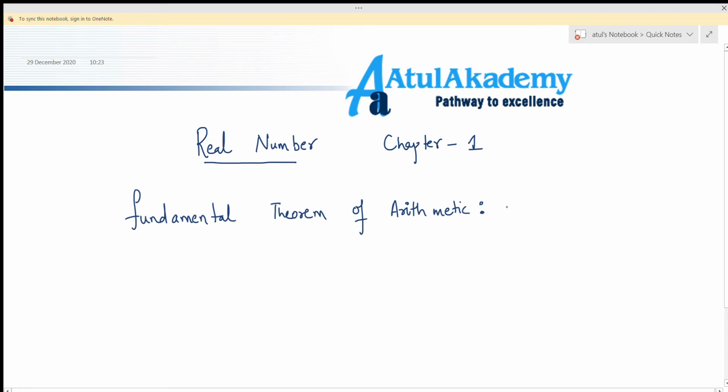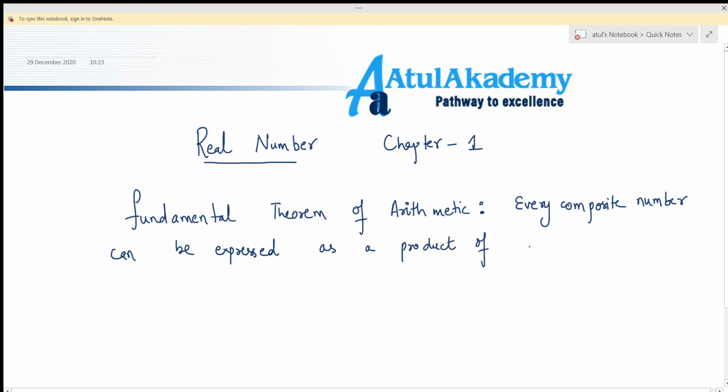So, what does this theorem state? It says that every composite number can be expressed as a product of prime numbers, and this factorization or the product is unique.